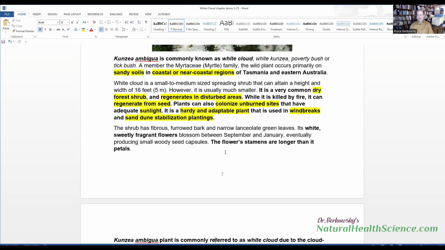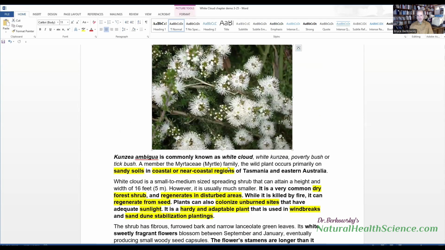Now, here's an important thing. The flower stamens are longer than its petals. Let's go back to the picture here again now. Here's the picture. See all of these projections that are poking out of the plant like antenna? Those are the stamens. Flowers are the sexual organ of the plant.